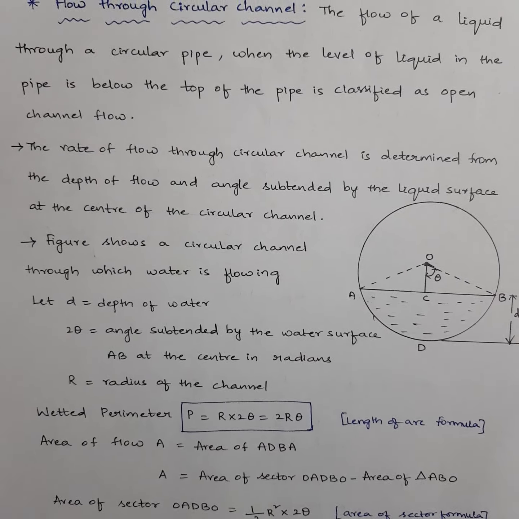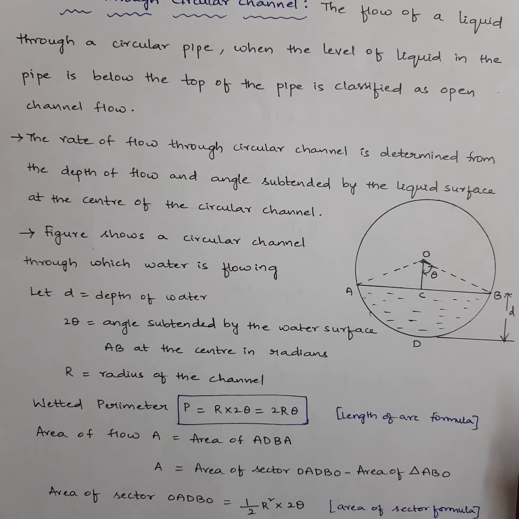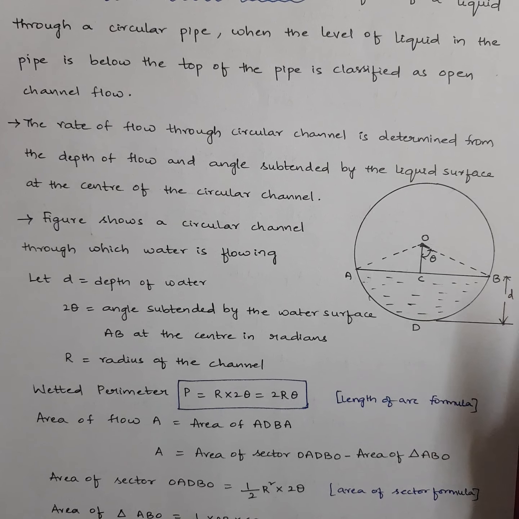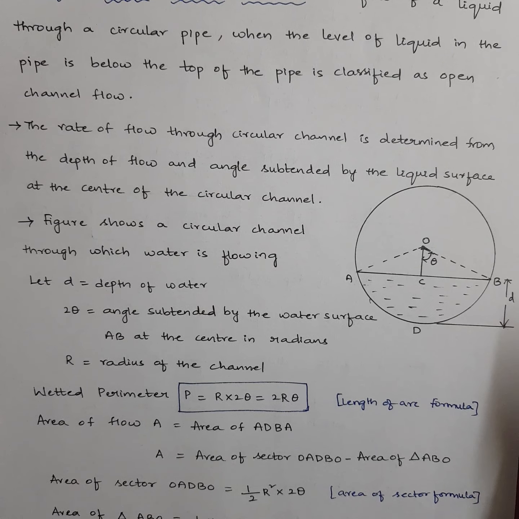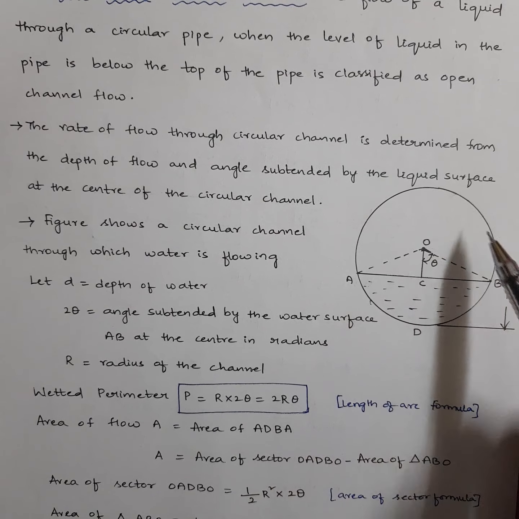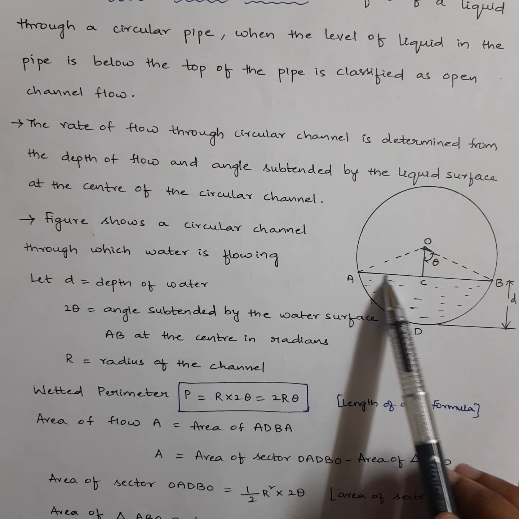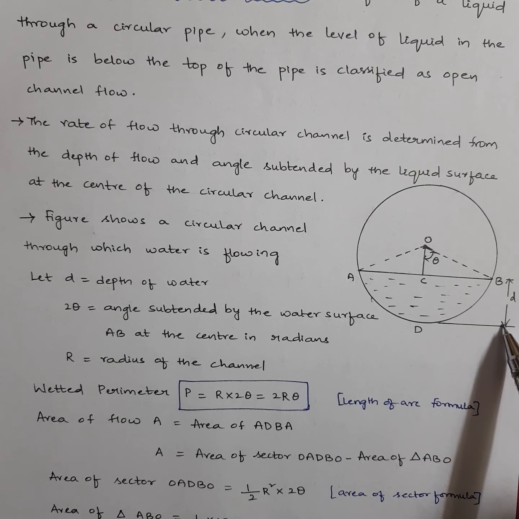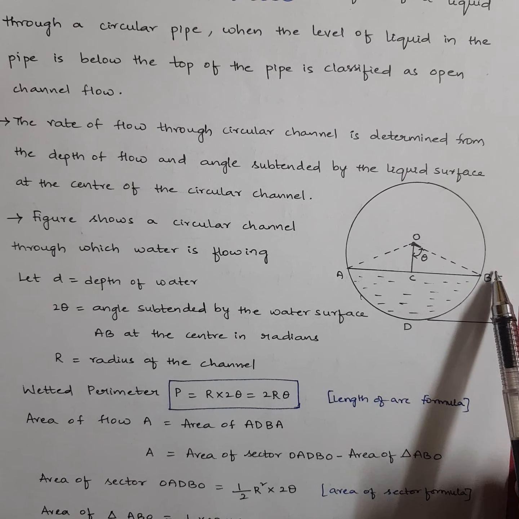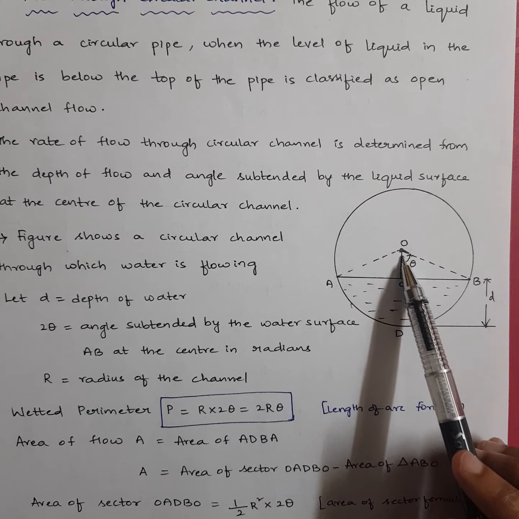To calculate the discharge flowing through a circular channel, first we consider the depth of flow D along with the angle subtended by the surface of the liquid at the center. Observe this diagram carefully. You have a circular channel with depth of water D. AB is your water surface, and this AB makes an angle at the center.